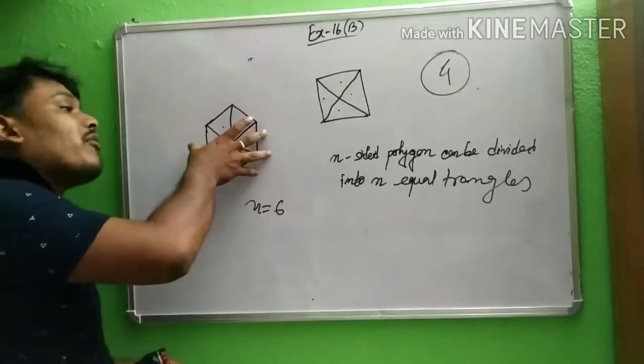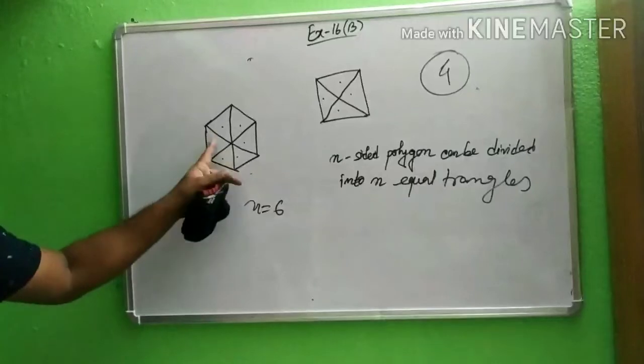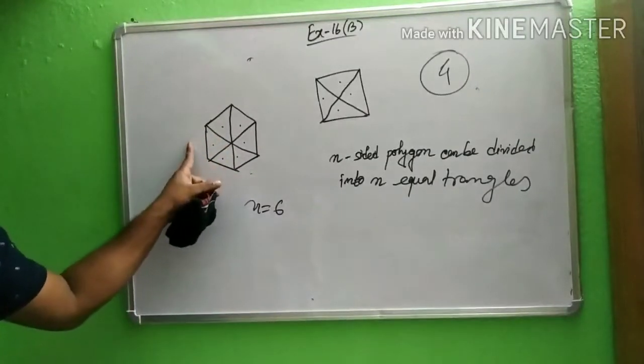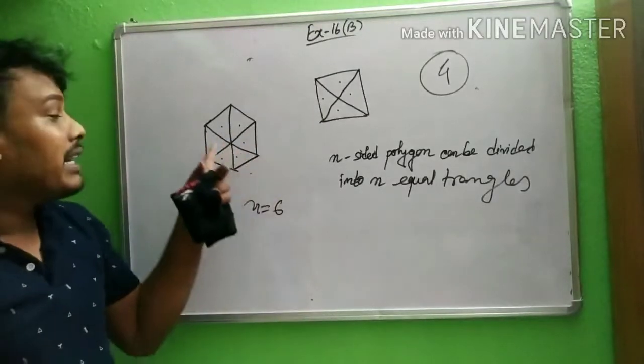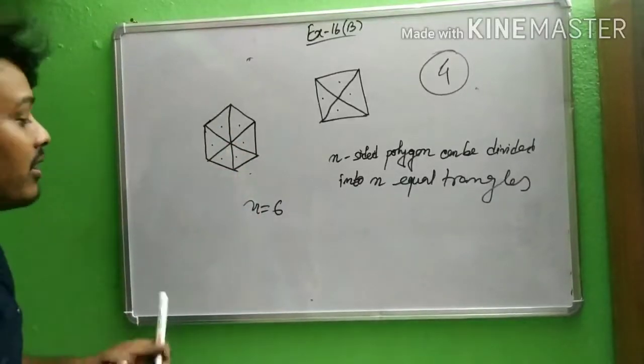In the case of a regular hexagon, the triangles are equilateral triangles. It is not so for every polygon.